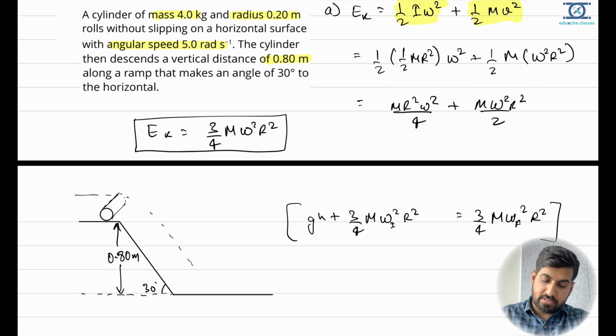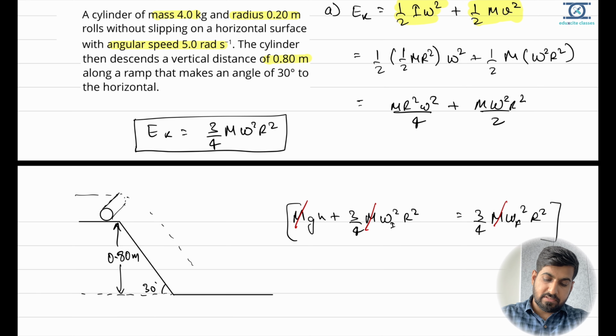I hope it is understood how we get this equation from the A part. Now this is initial and this is final. So we have to find out final. So m, if I take common, it will get cancelled out.